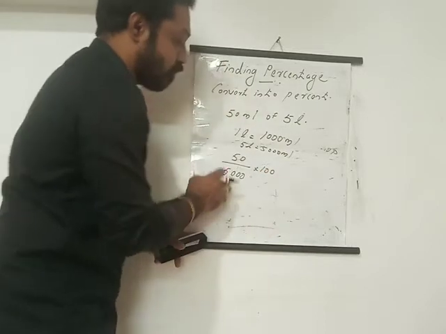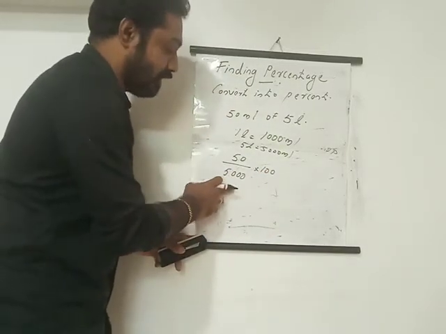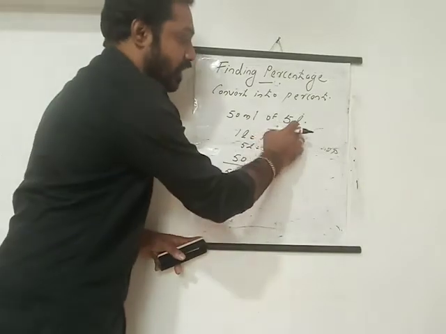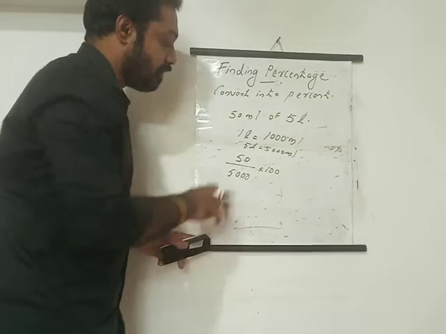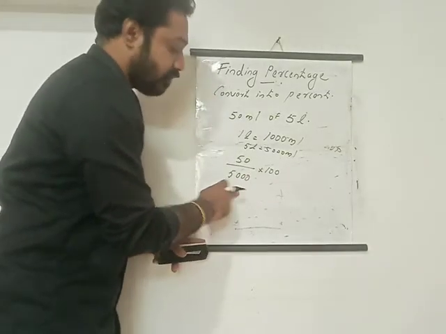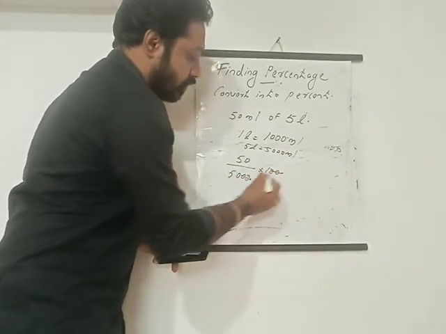Now both are in the same unit: 50 ml, and this is also in ml, since I converted 5 liter into milliliters. 50 by 5000. Then cut it: two zeros you can cut here.